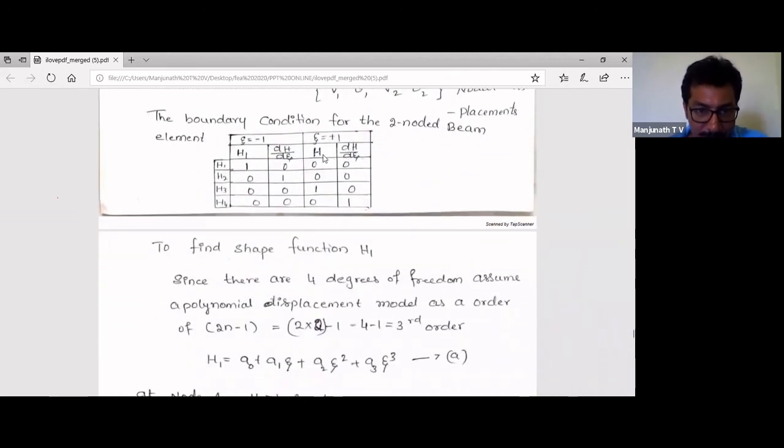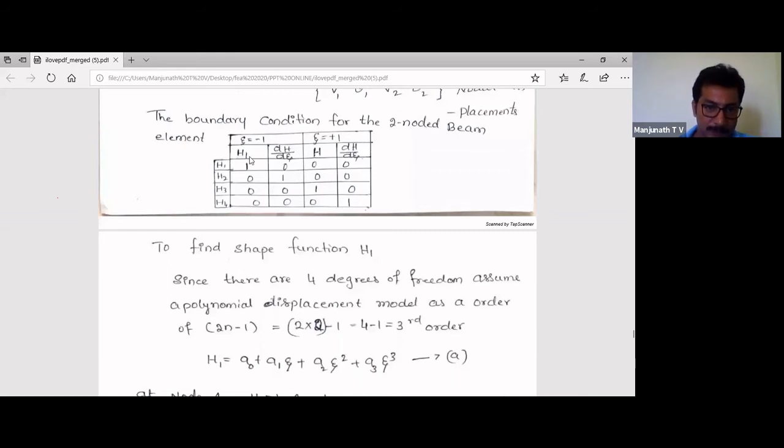The second property is that the summation of all shape functions must be equal to 1. So the summation of all shape functions will be unity. By considering these two properties we are going to write this table, and whatever values we write here must satisfy these two properties.